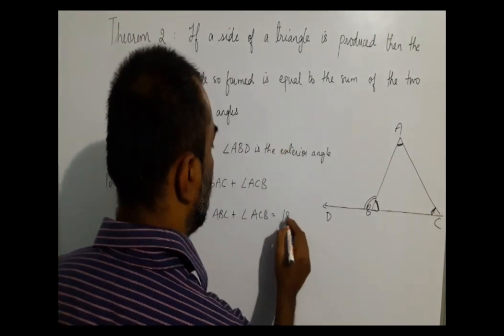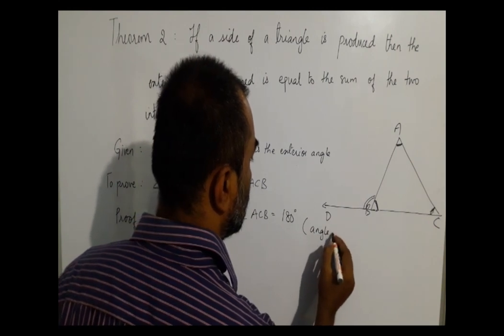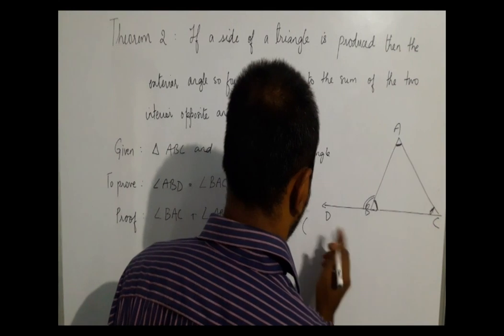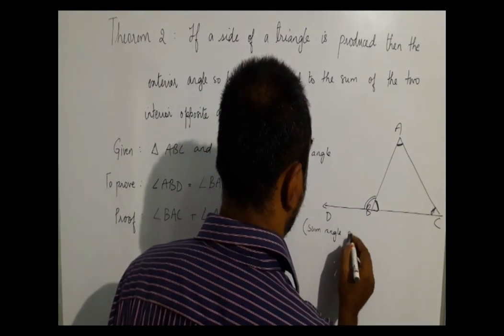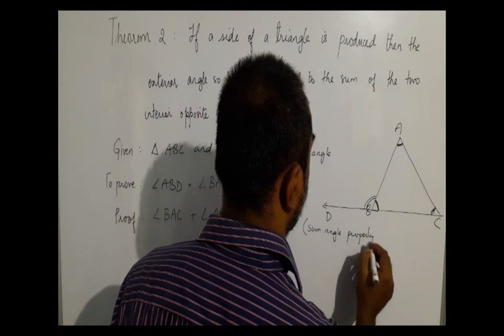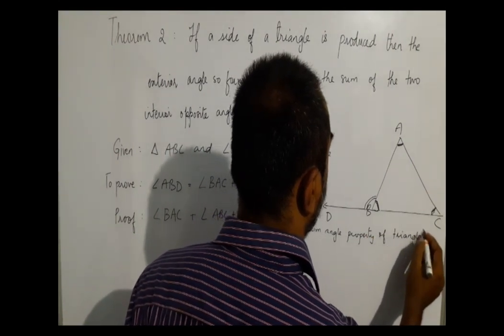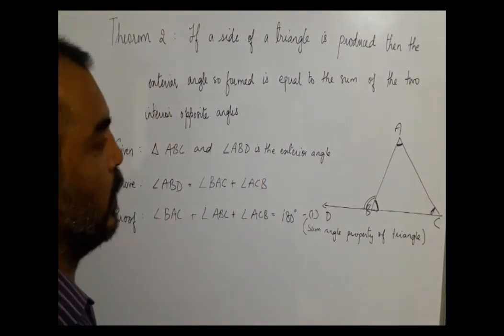The sum is 180. How do we know? Angle sum property, right? Sum angle property of triangle. What does it say? That the sum of three angles is equal to 180 degree. So this is our equation 1.